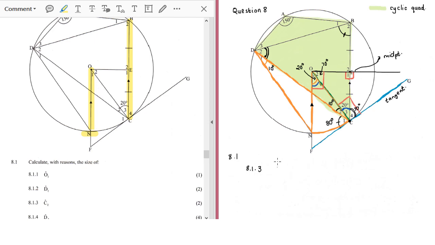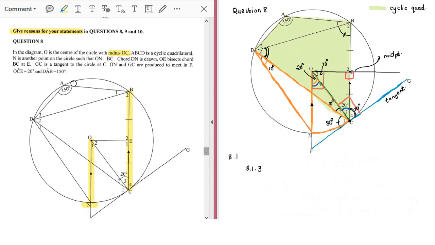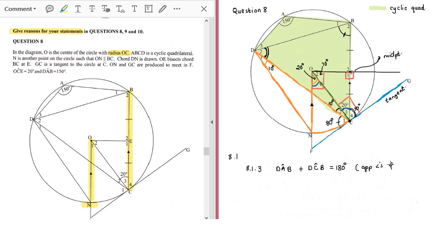Okay, so we said that angle, let's call it the way they called it in the statement, DAB plus angle DCB is equal to 180 degrees. What is this? Well, this is the opposite angles of a cyclic quad.